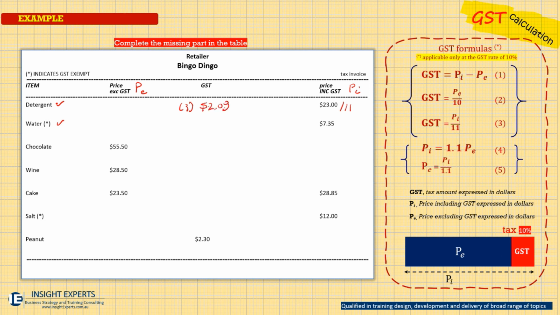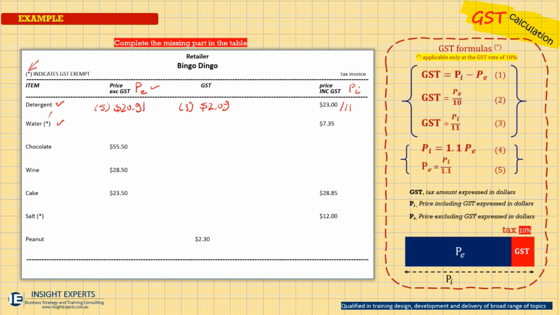On the other hand, to calculate the price excluding GST, I can use equation number 5. And if I do that, I will get $20.91 and so on.